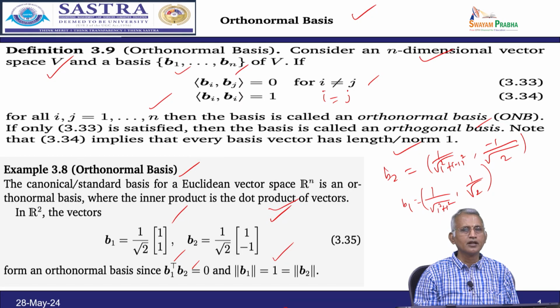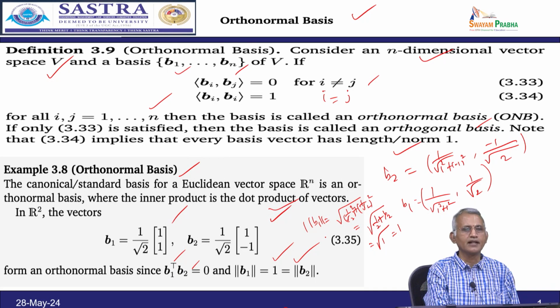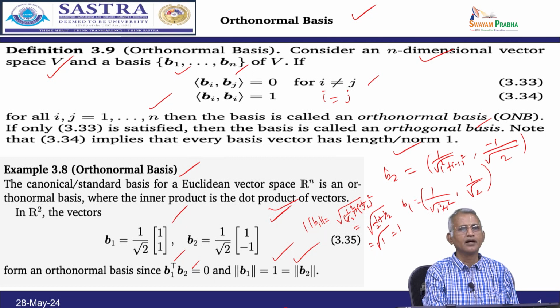Norm of B1 is nothing but root of (1 by root 2) whole square plus (1 by root 2) whole square, which is equal to root of 1 by 2 plus 1 by 2, equal to 1. So, it satisfies the orthonormal basis of two vectors.